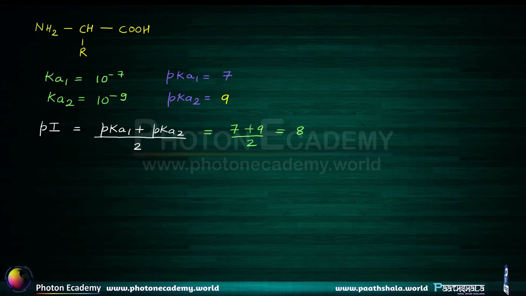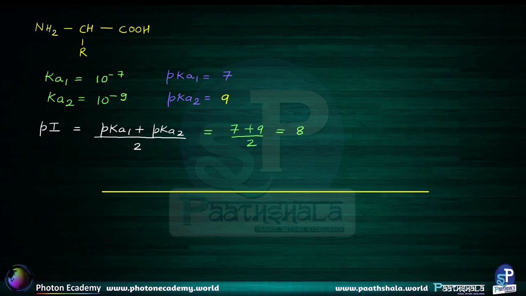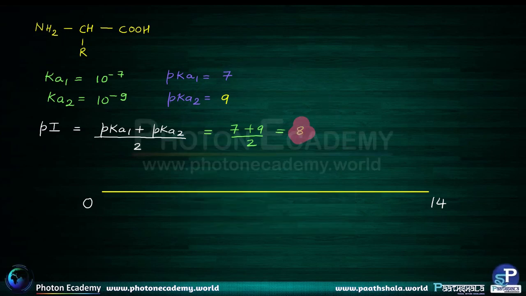Suppose we have this number line, this is the pH line. On two extremes, we have the extreme pHs that can exist. So our 8 that we just got lies somewhere around this point. Let us mark it.